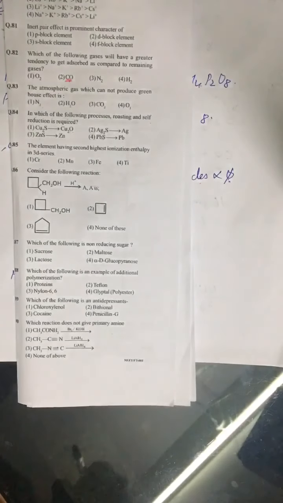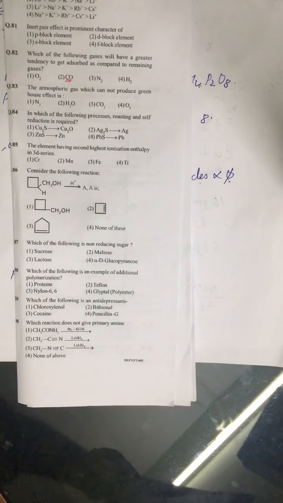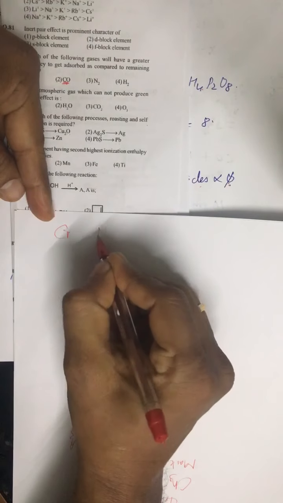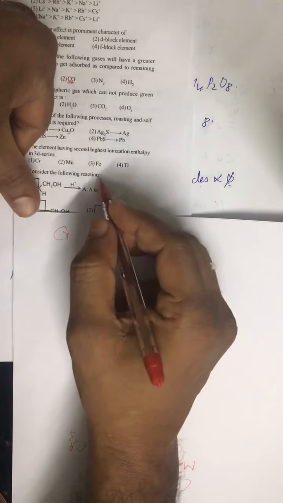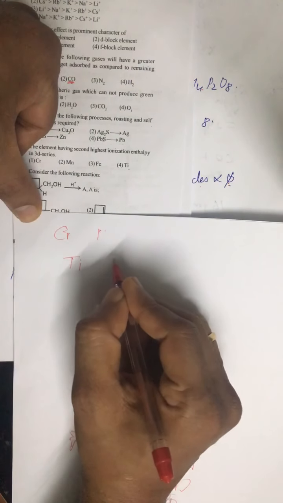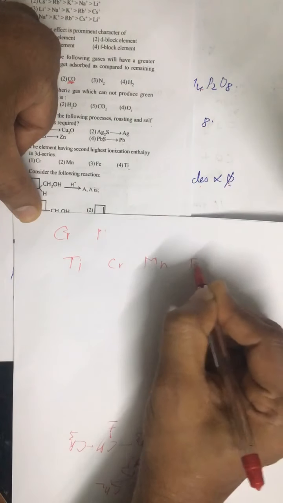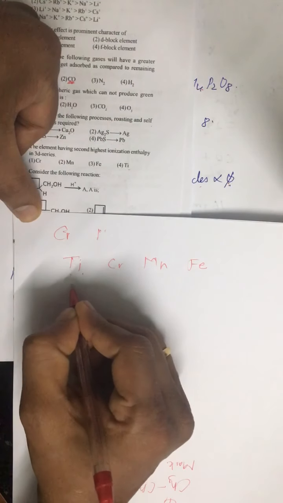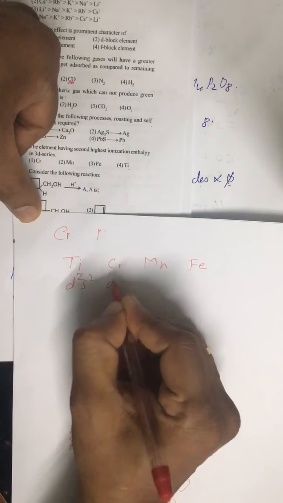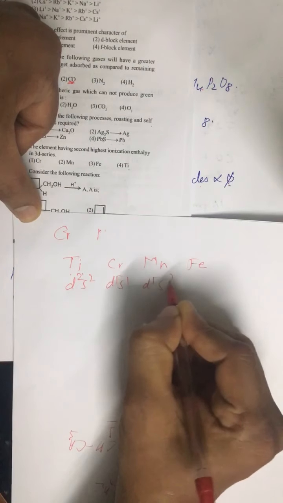Question number 85. The element having the highest second ionization enthalpy. If you look at the metals, we have scandium, titanium, then vanadium, then chromium, then manganese, then iron, etc. Titanium is 3d2 4s2, chromium is 3d5 4s1, manganese is 3d5 4s2.